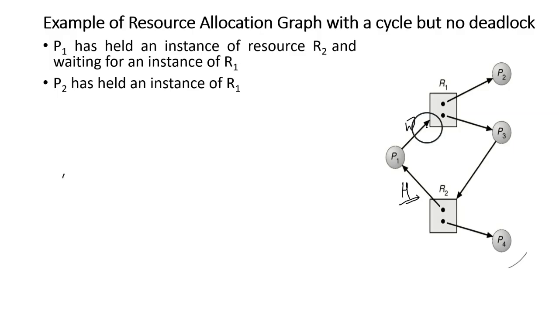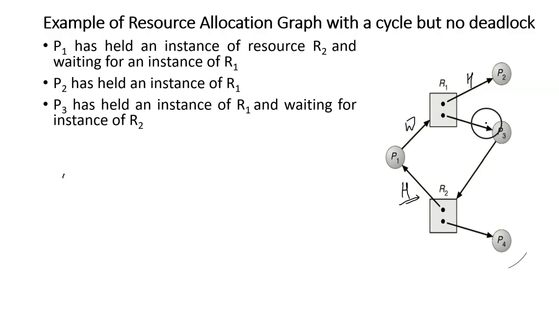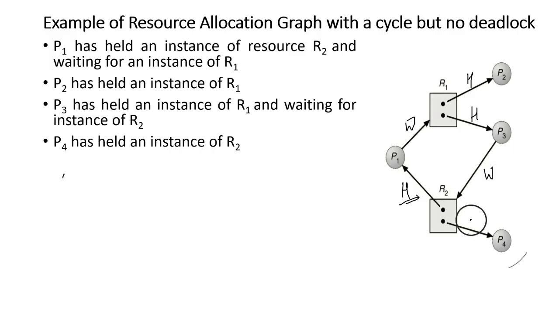Then P2 has held an instance of R1, that is hold condition. P3 has held an instance of R1, that is hold condition, and is waiting for an instance of R2, that is waiting condition. And P4 has held an instance of R2, that is hold condition.